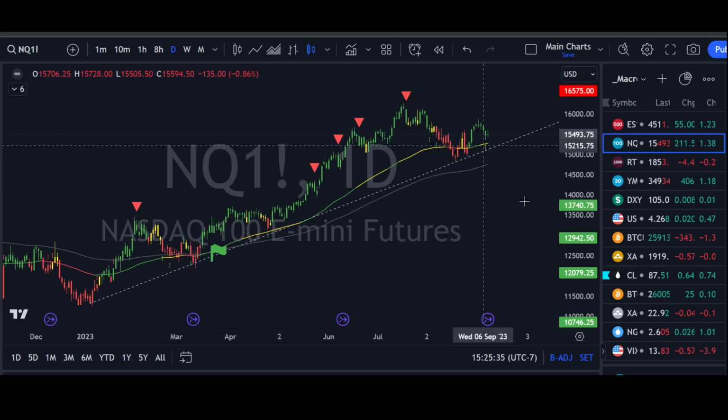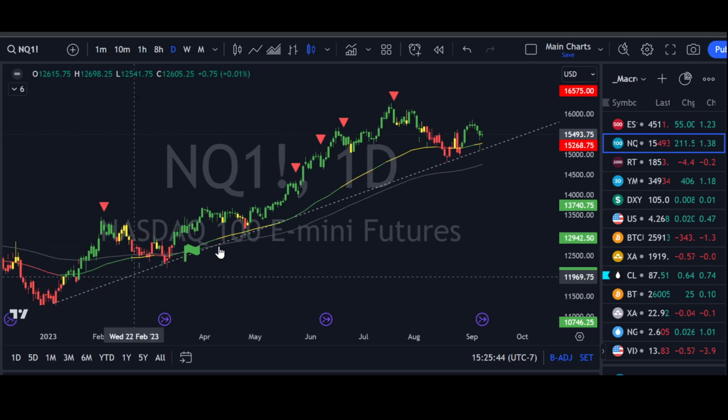Looking at the NASDAQ, we have a similar thing with the contract roll situation, so everything looks a little odd right now. But we've successfully tested the trend line once, and it looks like price wants to come back and potentially retest the tide line again.